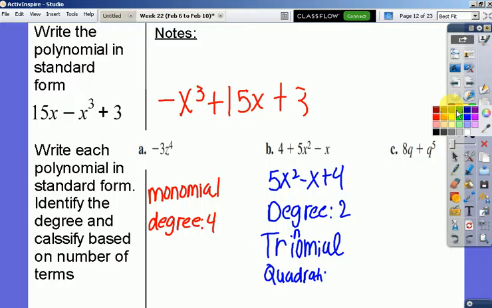How would I reorder C? Q to the 5th plus 8Q. Now, one important thing to notice about this, that we'll talk about later on in future slides, is that you don't have the 4th power represented, the 3rd power represented, or the 2nd power represented, right?